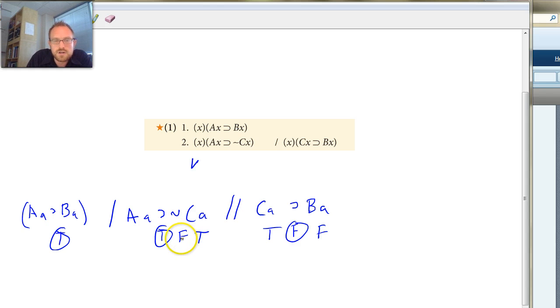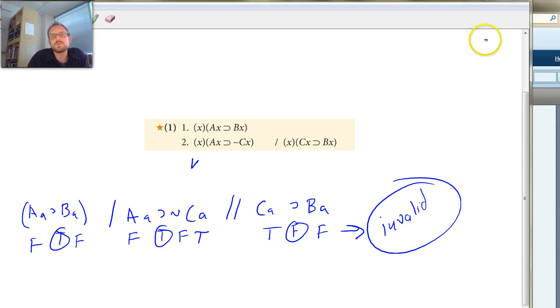So if this is going to be maintained as true, then this could be true or false. Let's go to BA. BA is going to be false. If BA is false and it's a conditional, then AA has to be false as well. And if AA is false, false and false is still true, so I found the line. So in a universe of 1, this argument is invalid.